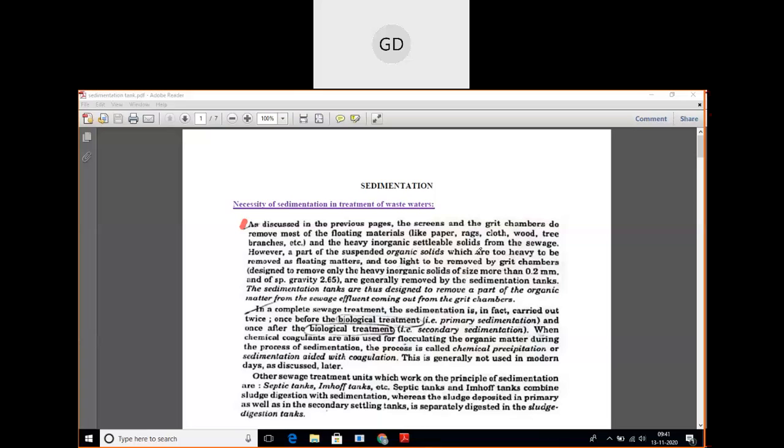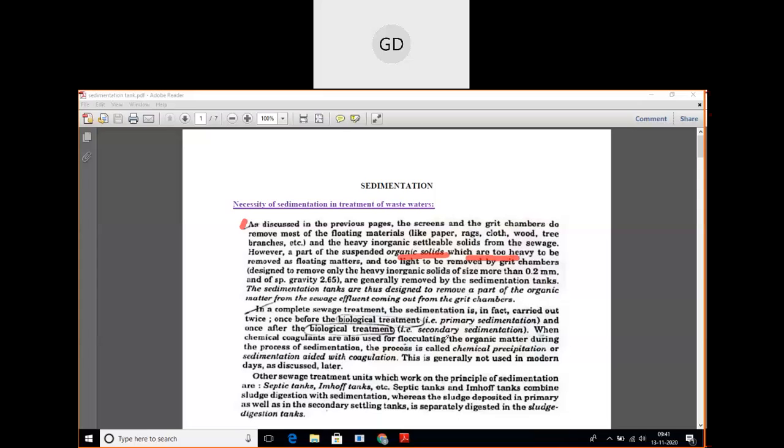So whatever heavy solids, those are removed by the grit chamber, and those settleable solids that cannot be removed by the screening process are generally removed by your sedimentation tanks.